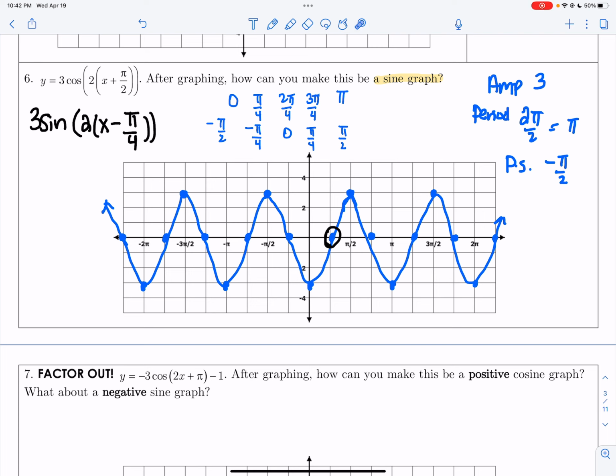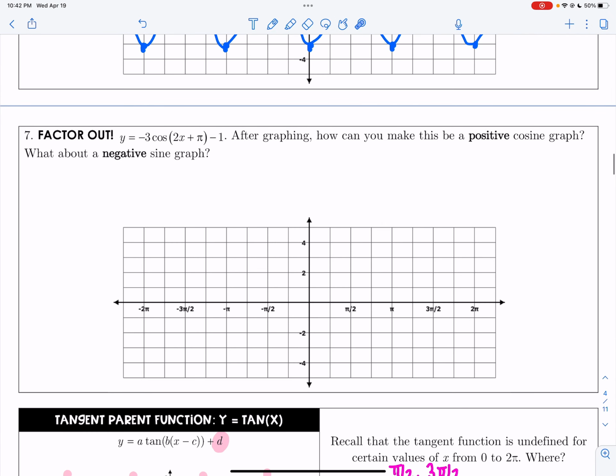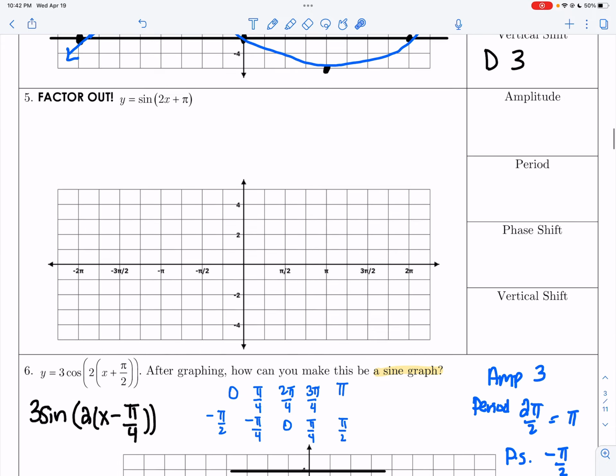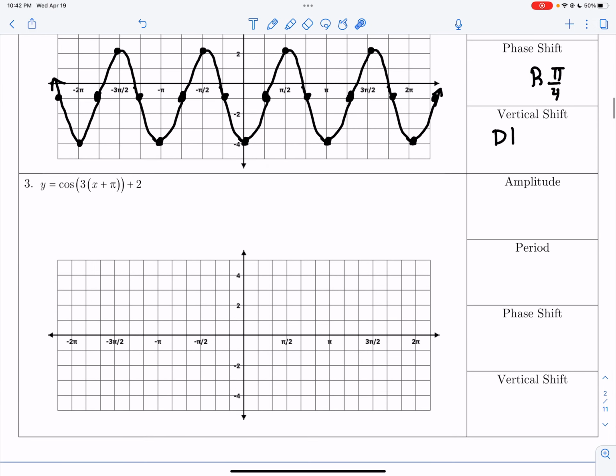Because instead of this equation, you could have this equation. You could have other equations based off of what the question's asking you. Like number 7 here, I told you to do 2 things. How can you make this a positive cosine graph? And how can you make it a negative sine graph? Well, I don't know. It's up to you to figure that out. Alongside with the other problems that we didn't do, like 5 and number 3.